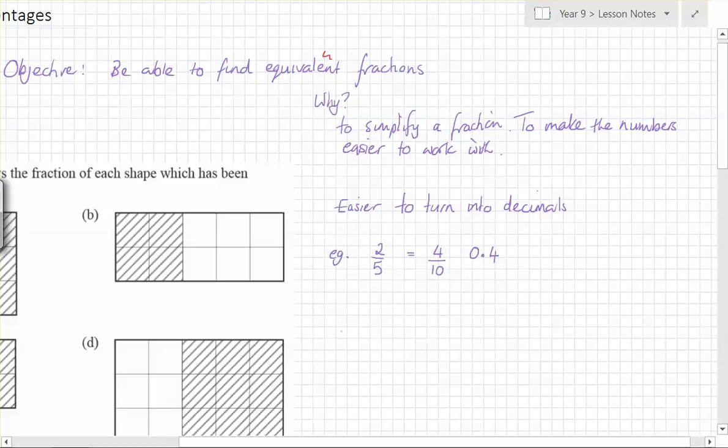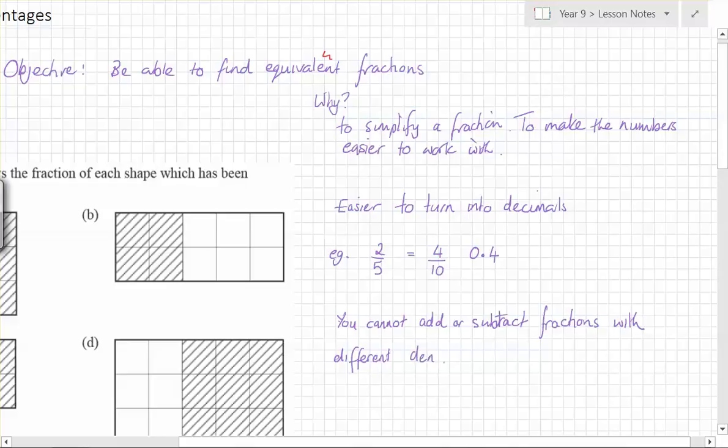And finally, for me, you cannot add or subtract fractions. You can't? With different denominators. There you go, exactly. Different denominators.